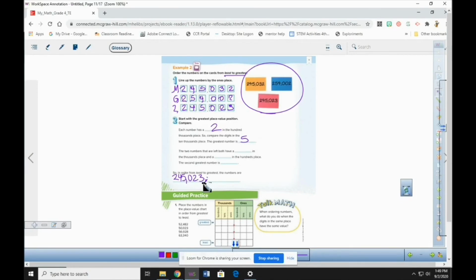And then our middle was 245,032, semicolon. And our greatest was 254,002. I put semicolons in there because if I put a comma, it's going to look like one great big number, and I do need them to be separated.